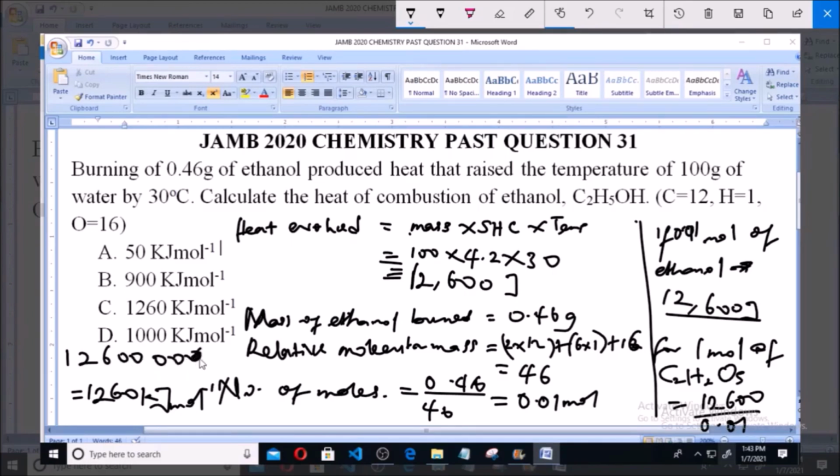Converting it now to kilojoules, we remove 3 zeros, and that gives us 1260 kilojoules per mole. So this is the final answer to the question. For 1 mole of ethanol, the heat of combustion is 1260 kilojoules per mole, and that is option C.